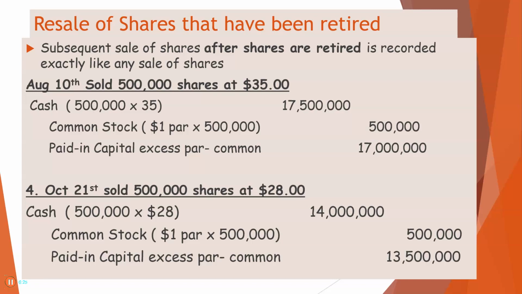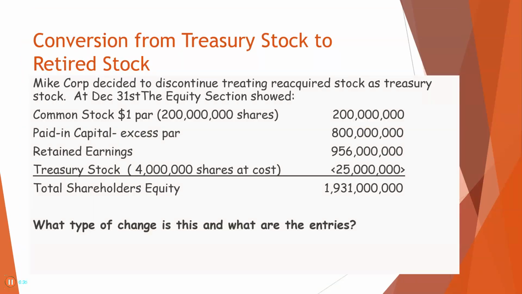Now, one other thing that can happen is what happens if we have treasury stock and we decide we don't want to fool around with this anymore. Let's just convert it to retired stock. So here is our example. We have common stock, 200 million shares, and we have treasury stock of 4 million, and we want to convert that.